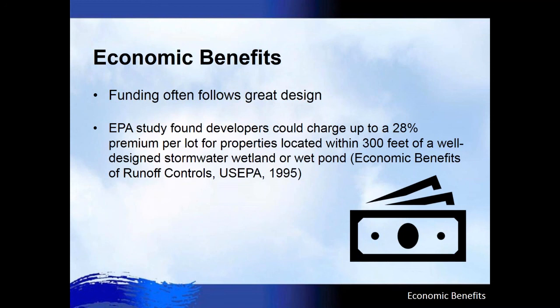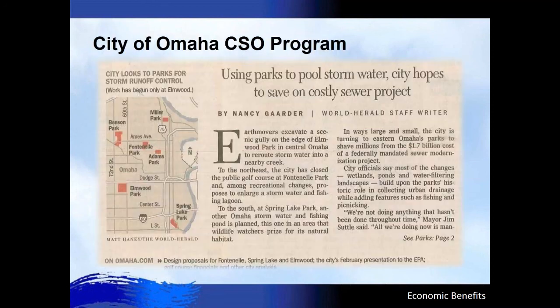Here in the city of Omaha, we have the sewer separation program, Clean Solutions Omaha, which has the same initials as CSO, which is combined sewer overflow, for those of us in the engineering design field.